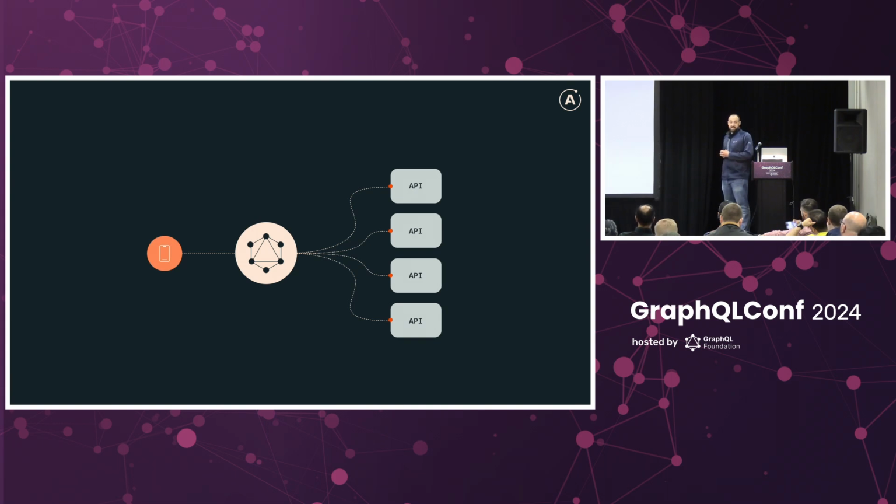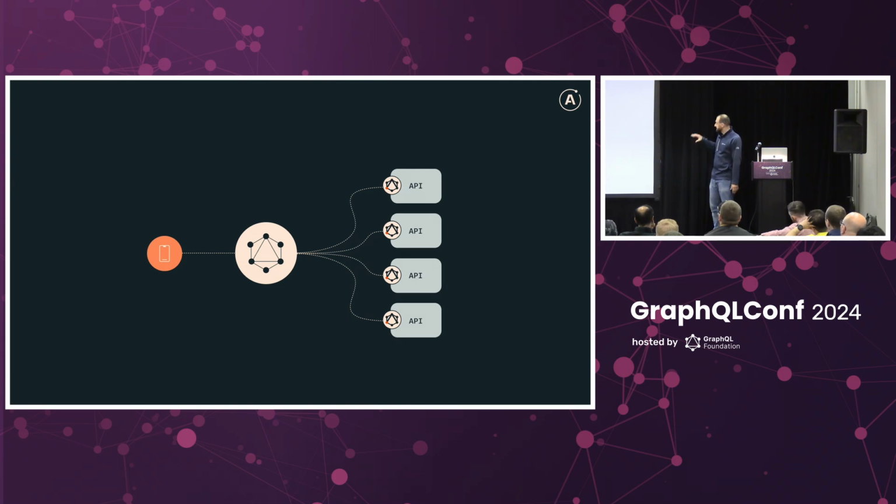GraphQL itself is already a technology that is often being used for orchestrated data fetching. It's a way of connecting many different APIs as part of a single schema. This by itself is not federated GraphQL.